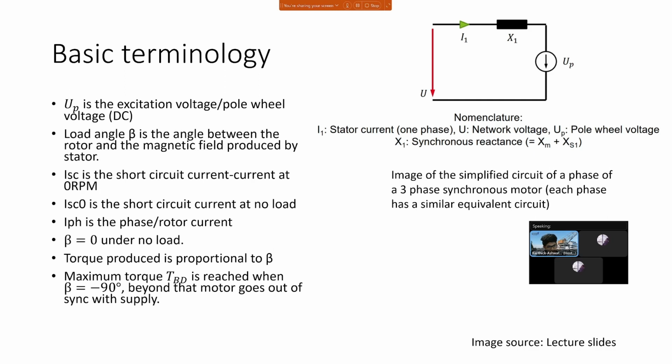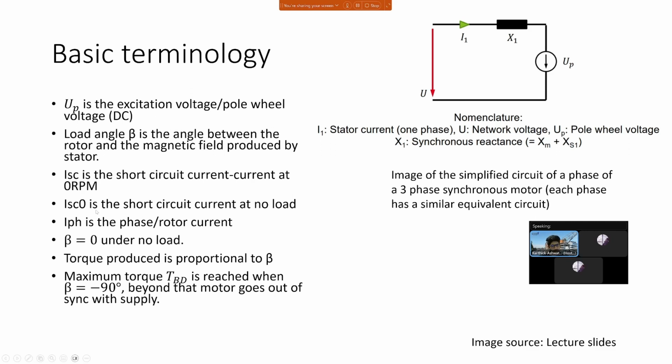And in the extreme case, it will be minus 90, like it will lag behind by 90 degrees. If it lags behind any further than that, it will go completely out of sync and it will stop spinning, I think. Or it will stop making power. Basically, the stalled condition, overload. So it's beyond what the motor can provide in terms of torque. So that is the load angle.